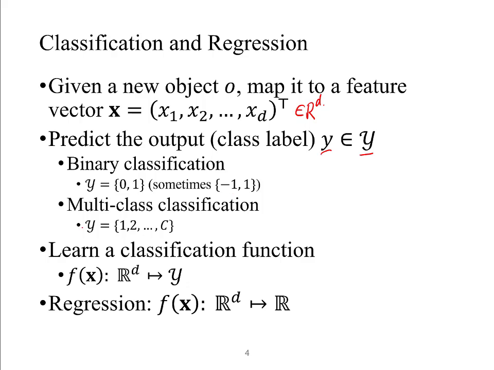And in multi-class classification, you can have this big Y as a set of 1, 2, 3 until C, which you can think of as different class labels, right? And we usually use integers here, but it's not compulsory.